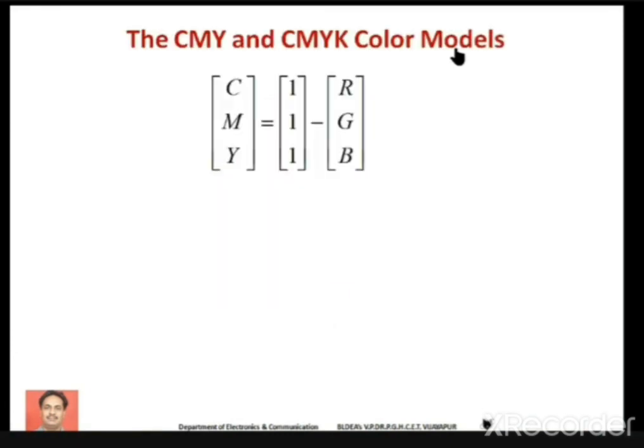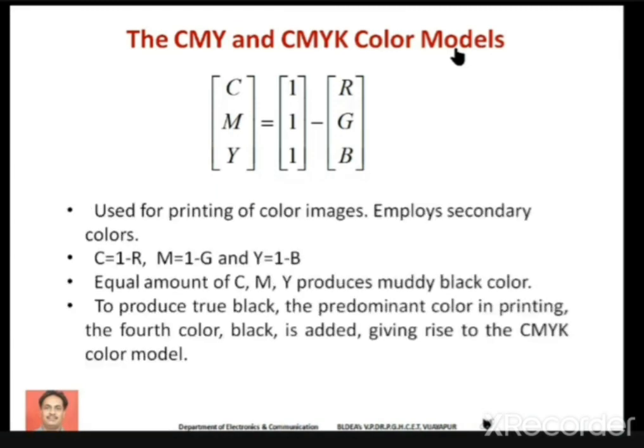Then we discussed the CMYK color model. Mainly it employs the secondary colors, and it is used for printing of color images. All your color printers, remember, employ the CMYK color model inside, right?